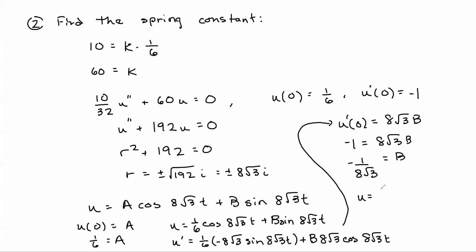It would be u equals 1/6 cosine 8√3t minus 1 over 8√3 sine 8√3t. Now, if we had not gone through and done that manipulation with the R and delta and so on, then this would be our final answer. That's going to be our motion.